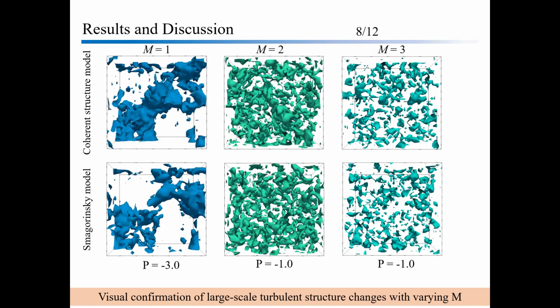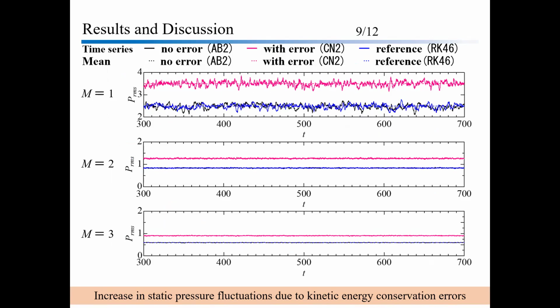The study shows the optimal AGS model constants differ significantly among m equal 1 to 3. The figures suggest that this difference in optimal value are related to the large-scale turbulence structure, highlighting how varying m affects turbulence pattern.